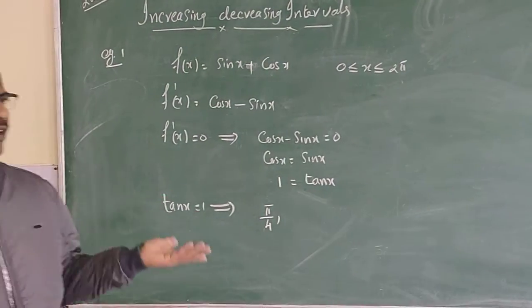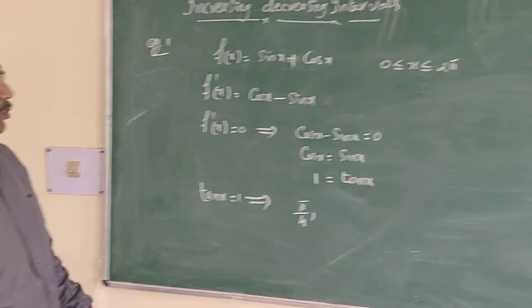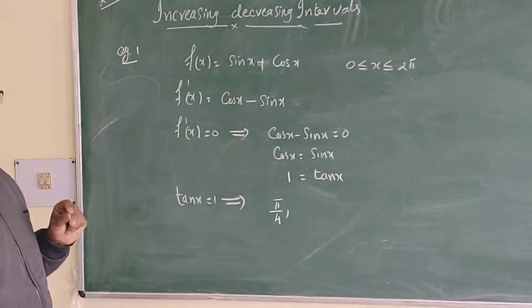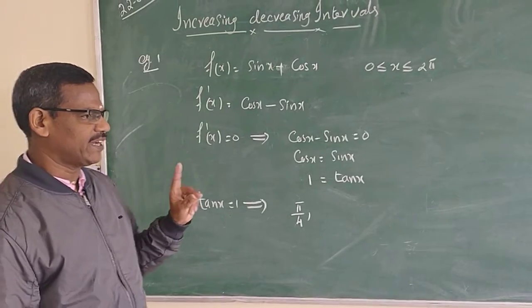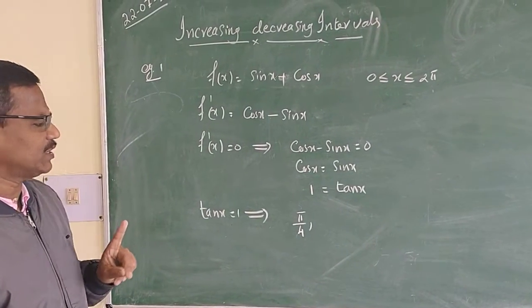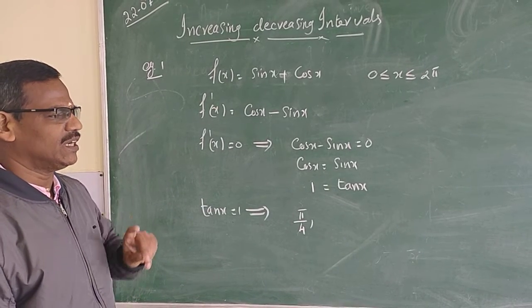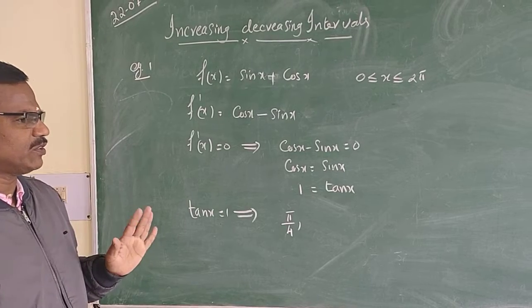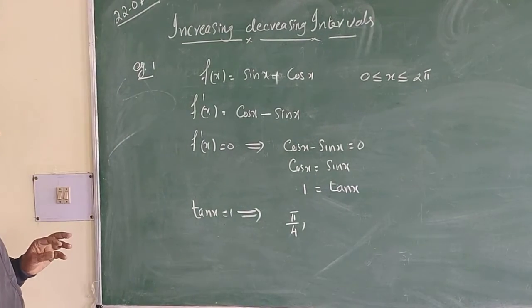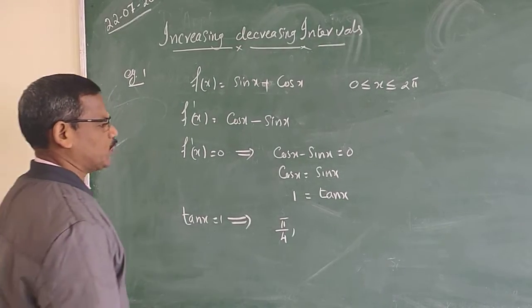And which is the other value? In this interval, the domain is given as 0 to 2 pi. Pi by 4 is the one value. Then tan 90 is not defined, then tan 135. 135 comes in which quadrant? It comes in the second quadrant. Tan is negative there, so 135 does not work.